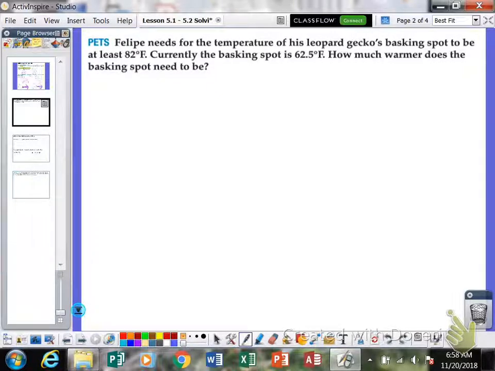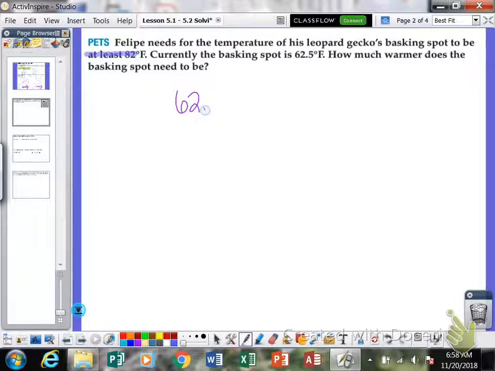Now, this is where sometimes it gets confusing, because when people see at least, they think less than. That's not necessarily the case. So it has to be at least 82 degrees, meaning the lowest temperature that it can be is 82 degrees Fahrenheit. What has to be at least 82 degrees Fahrenheit? Well, his basking spot. His basking spot is currently 62.5 degrees.